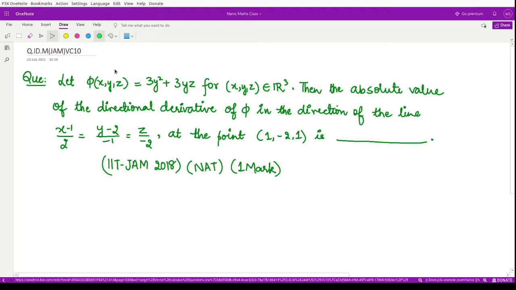In this video we shall be looking at a question from IIT-JAM 2018 consisting of 1 mark. This is a numerical type of question, so you are to input a numerical answer.